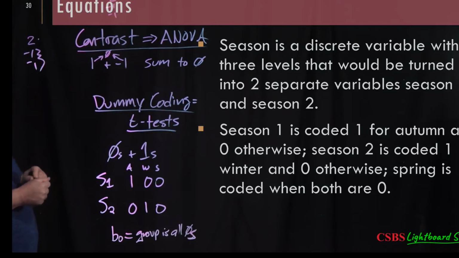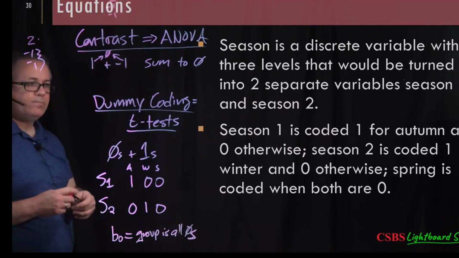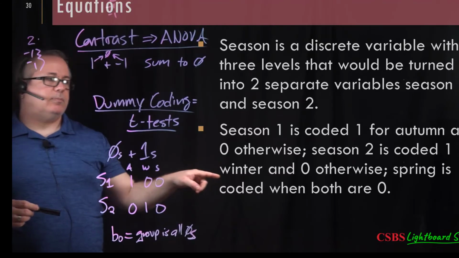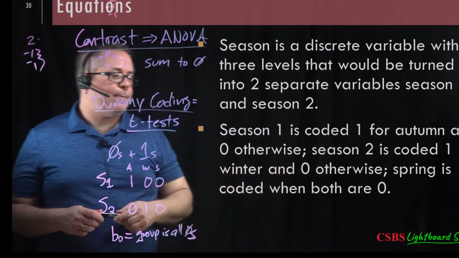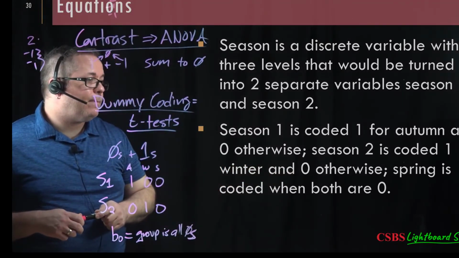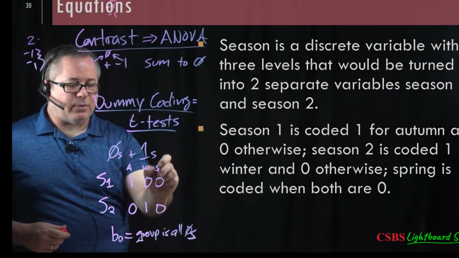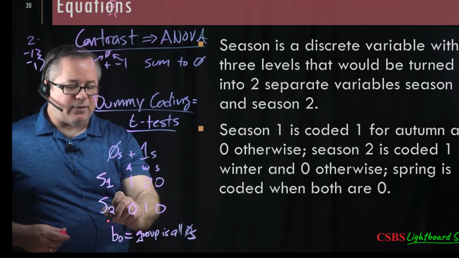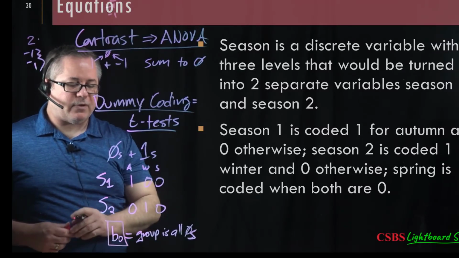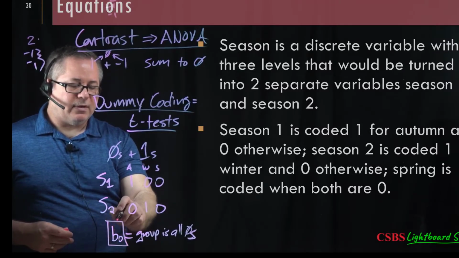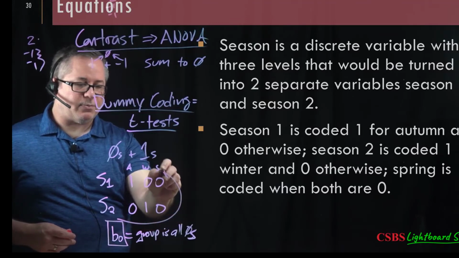What do I mean by that? Yeah, so spring. By putting spring at 0 and 0, I've now effectively said, whatever my intercept value is, that intercept value is the value for spring.